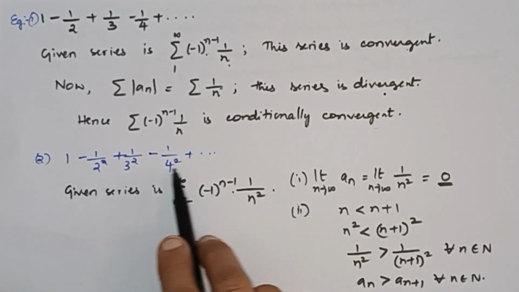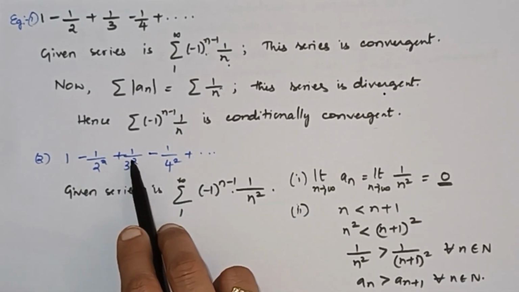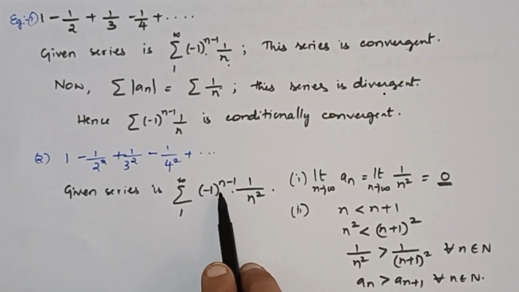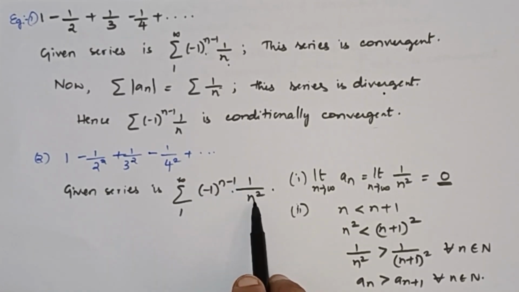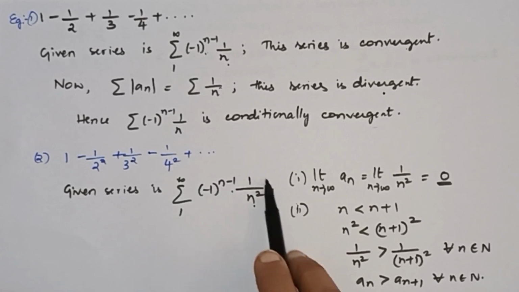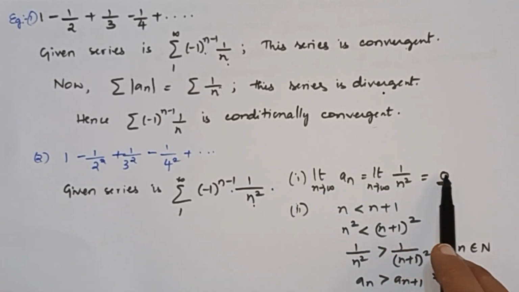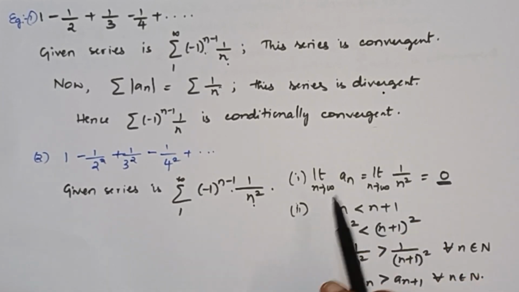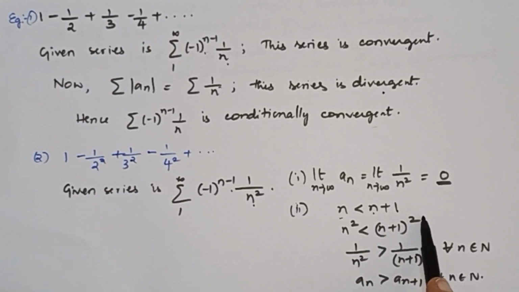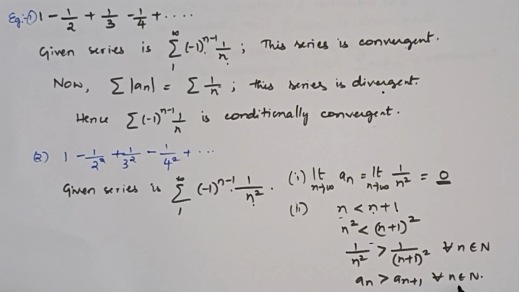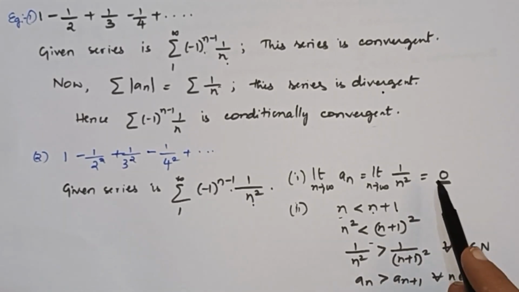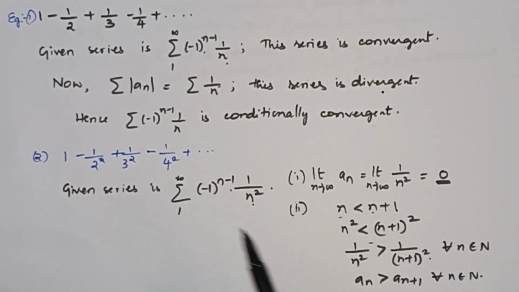Similarly, consider this series. It's an alternating series written as (-1)^(n-1) into 1 by n square. an is 1 by n square. So limit n tends to infinity of an is 0, since 1 by infinity is 0. Then we know that n is less than n plus 1, so n square is less than (n+1) whole square. Take the reciprocal. Therefore, an is greater than a(n+1) for all n belongs to N. Using the Leibniz test, the given alternating series converges.